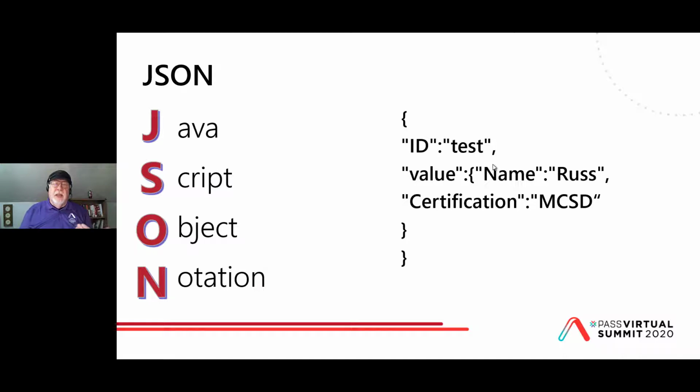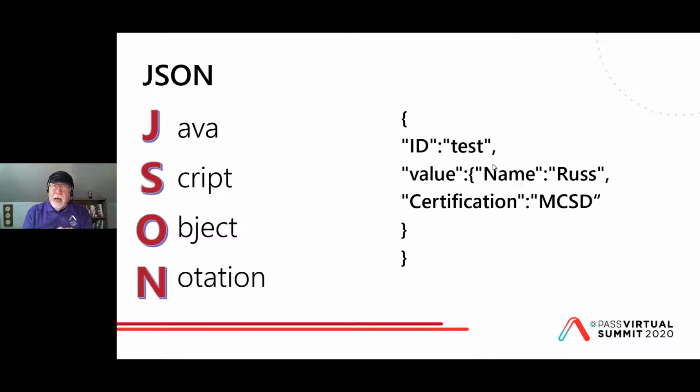So JSON stands for JavaScript Object Notation. It's very similar to XML, except it's lighter. Basically, you've got an object that, if you look at it with the thinking of object-oriented, you can see the objects there. What we've got are in curly braces. You've got a whole object, and it has an ID as one of its properties, and that has the value test.